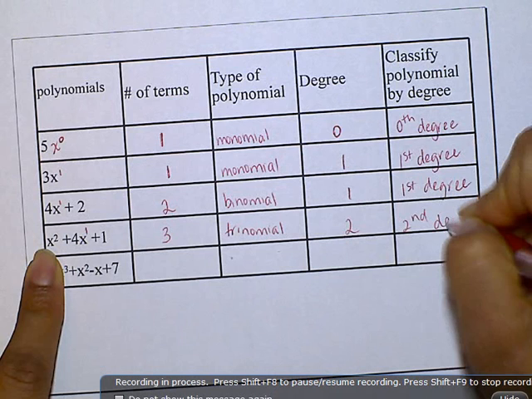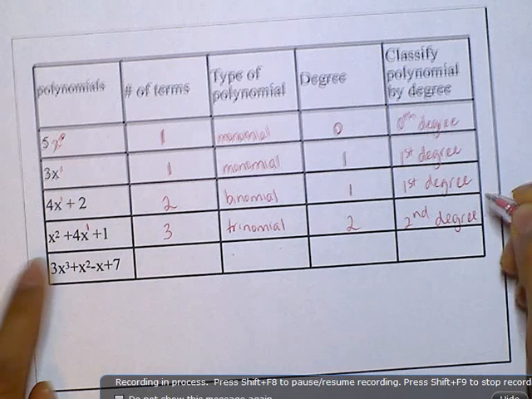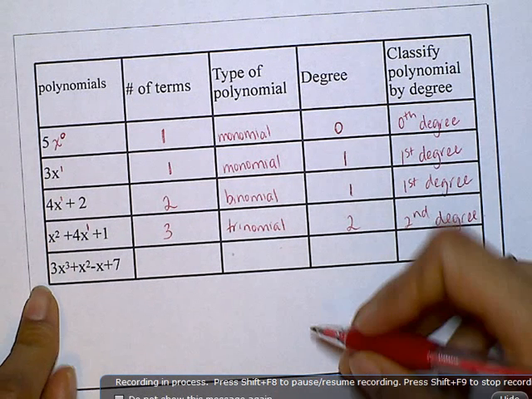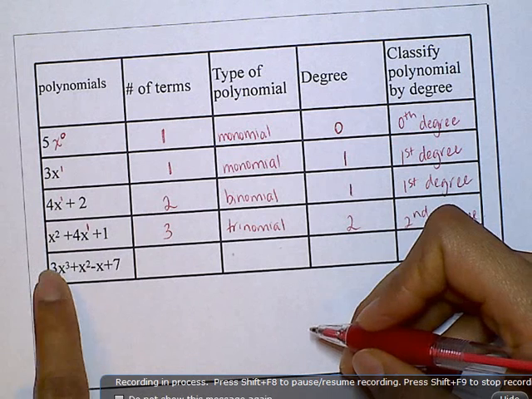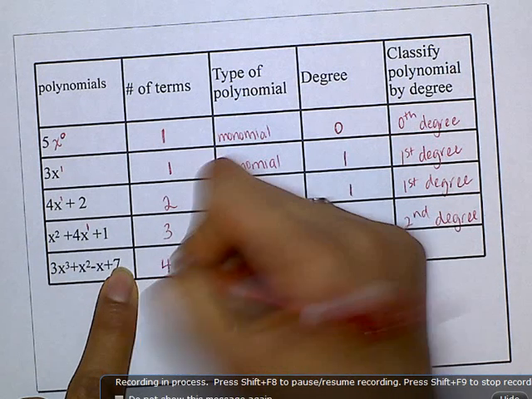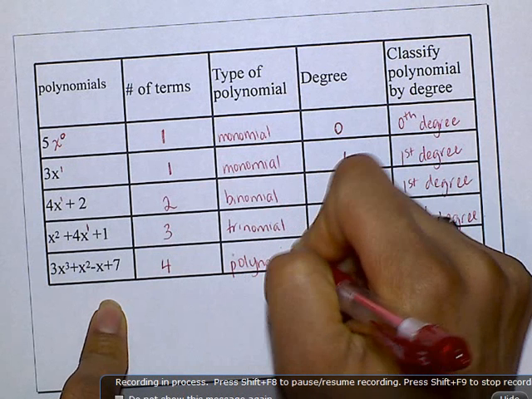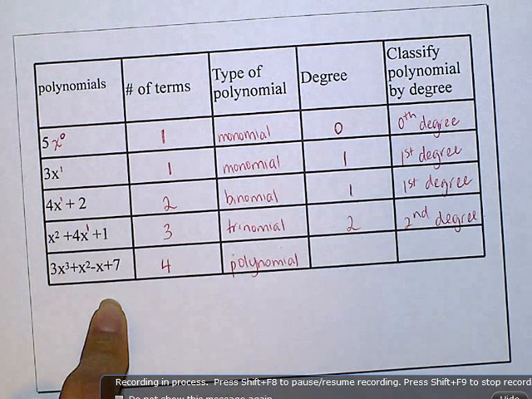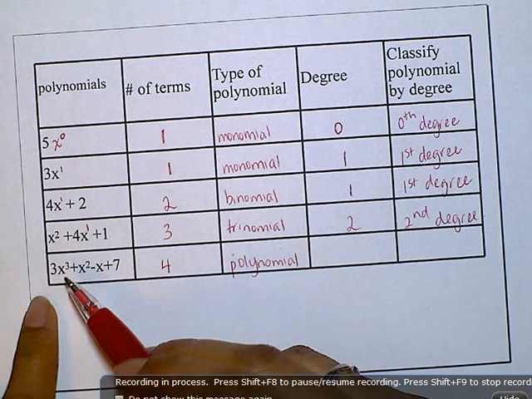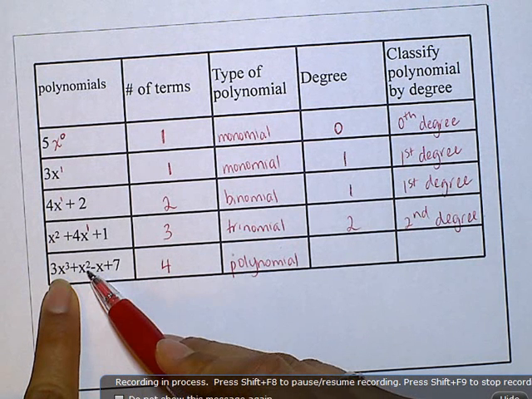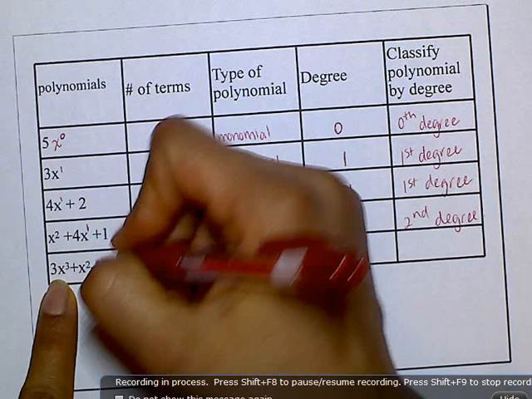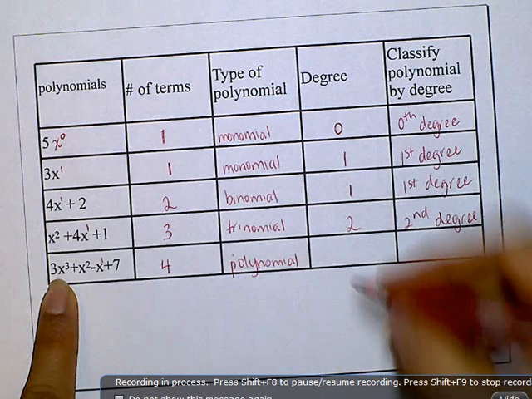And lastly, the example here, I have how many terms? 1, 2, 3, 4. 4 terms, that's known as a polynomial. So anything more than 3 terms is a polynomial. The degree, I'm going to look at the highest exponent. So here I have exponents of 3, 2, and 1. The highest exponent in one of my terms is a 3, and that's a third degree function. Alright, great.